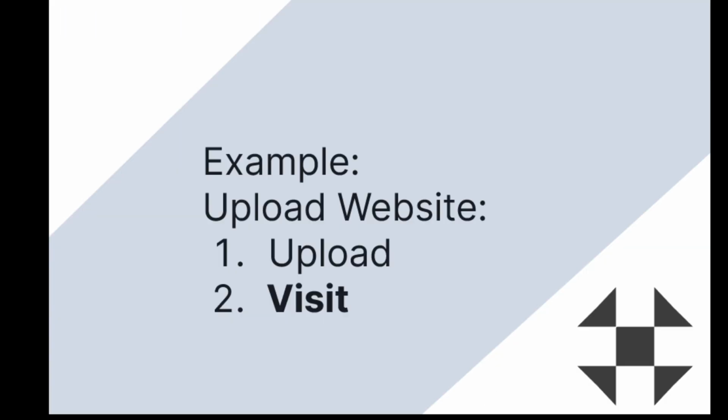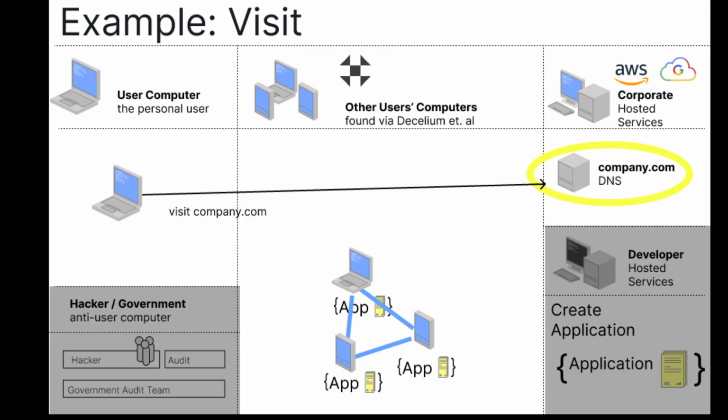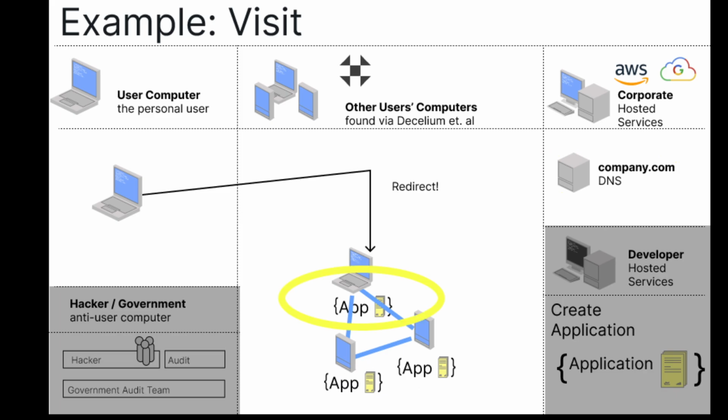So how does this work when someone wants to visit the website? Again, things look similar but a little bit different. As always, somebody typing in company.com hits your DNS server. But where things change is that the DNS server actually redirects you to a well-known user. It might be a user that has a static IP address, or a user who's really reliable or online. There are usually dozens of such users for well-known applications.